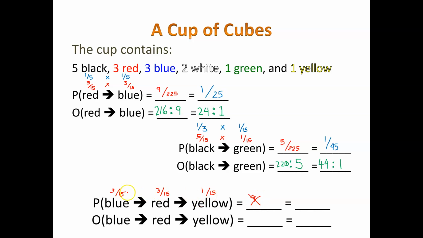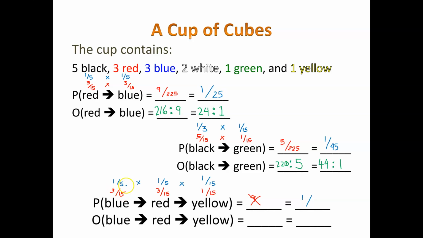Let's do our simplification before we multiply. 3 out of 15, we know from up here, is 1 out of 5. This is also 1 out of 5. And this can't be simplified because it has a 1 on the top. It's already as simple as it can get. So now, a little easier to deal with. 1 times 1 times 1 across the top is 1.